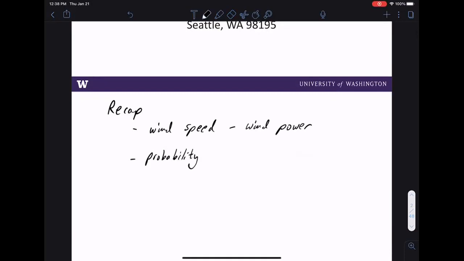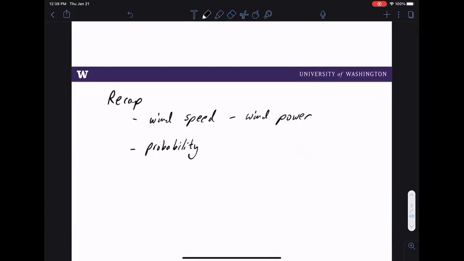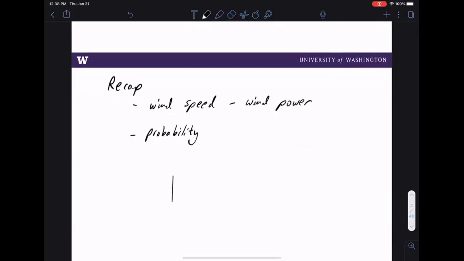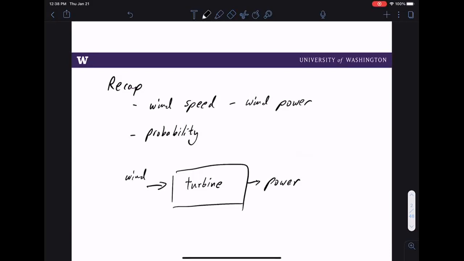When we look at these sorts of topics, we're basically treating the turbine as a box. Okay, so the way we look at these things, the turbine is some box. And for this box, we have wind coming in, we have electric power coming out. So we've been looking around this box.